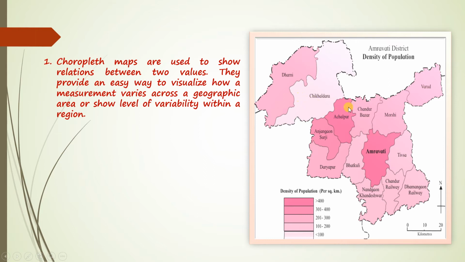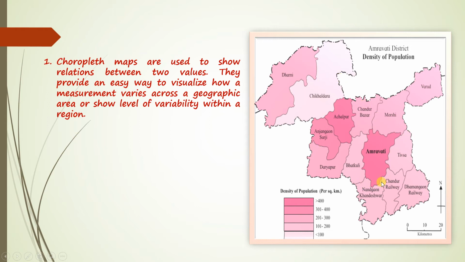Now through this, you can visualize how the population varies in one particular region. So they provide an easy way to visualize how a measurement varies across a geographic area or show level of variability within a region. Level of variability means difference of population in a particular region.